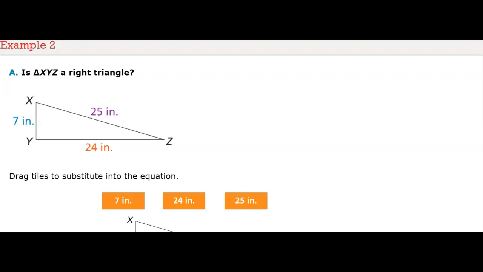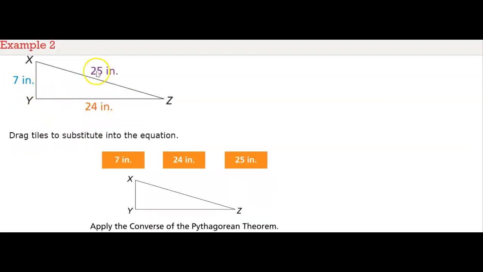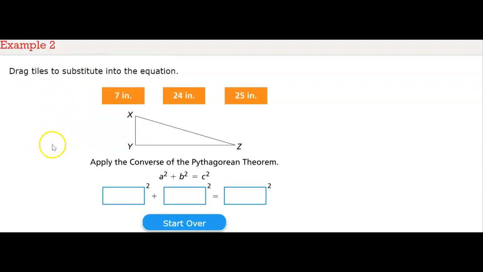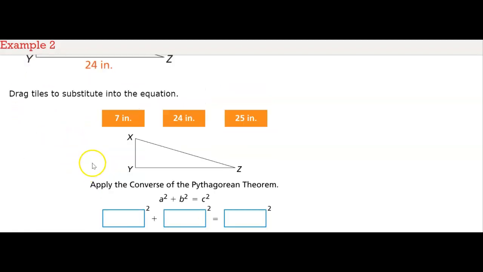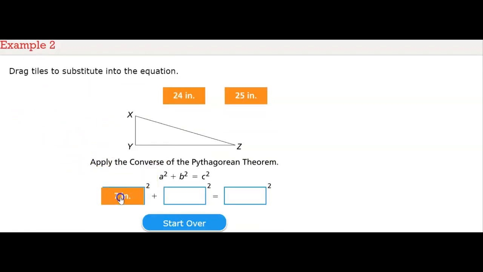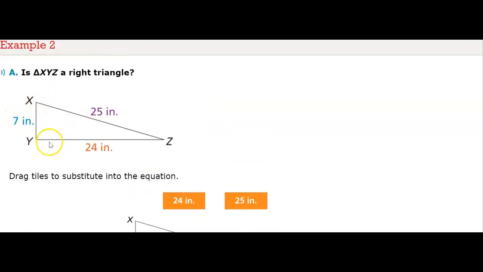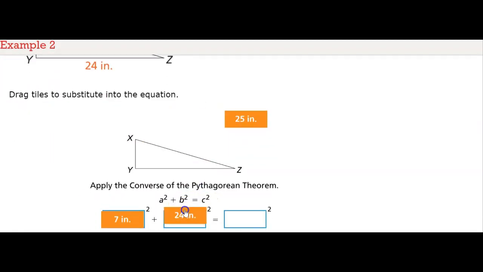Part A. Is triangle XYZ a right triangle? So we look here, we have X, Y, Z, 7, 24, 25. Drag the tile, substitute the equation. The 7 is found here. That's one of our legs, so that's going to be A. And then the other leg is 24.